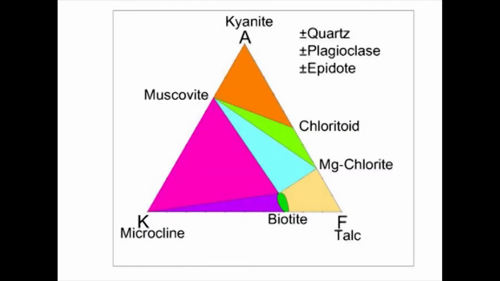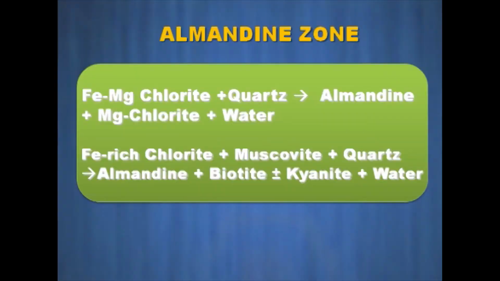Seventh assemblage is your muscovite plus quartz plus chlorite plus biotite plus or minus epidote and plus or minus albite, also known as muscovite biotite chlorite schist. Now come to the next higher zone, that is your almandine zone.